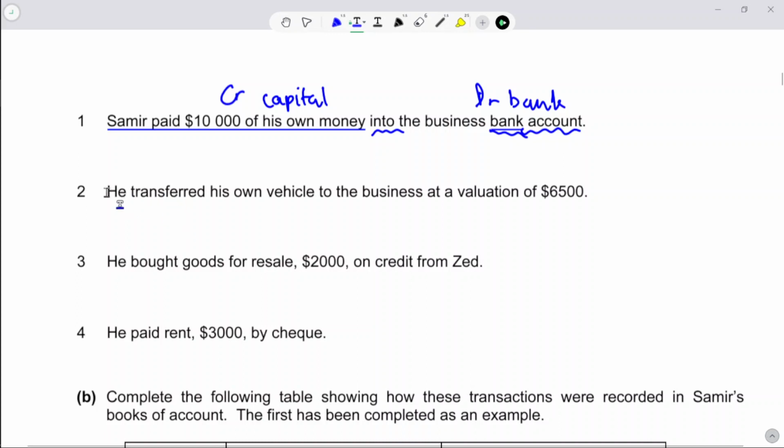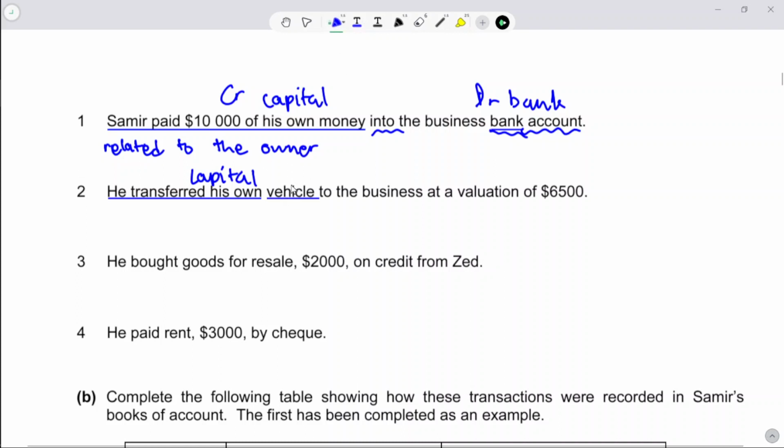He transfers his own vehicle. This one is related to the owner. Something related to owner, so you need to put capital. And the second line will be vehicle, which is an item.